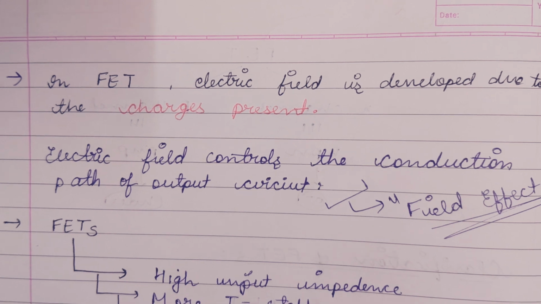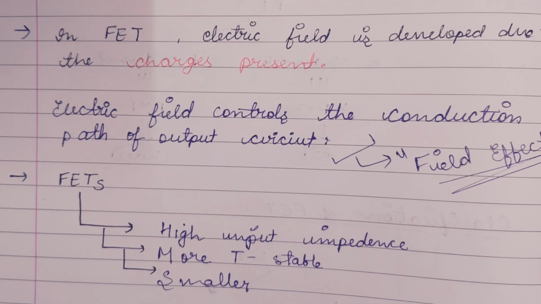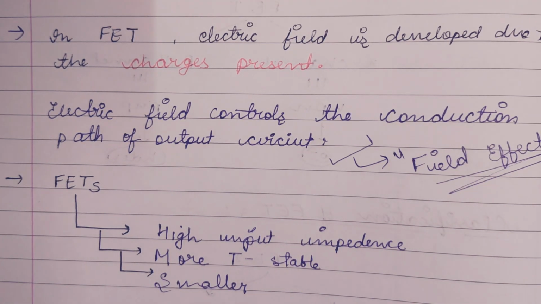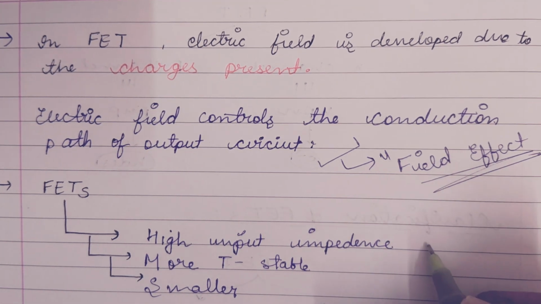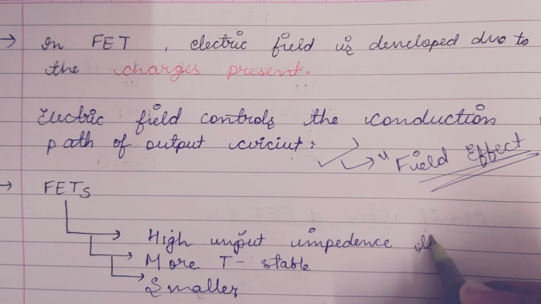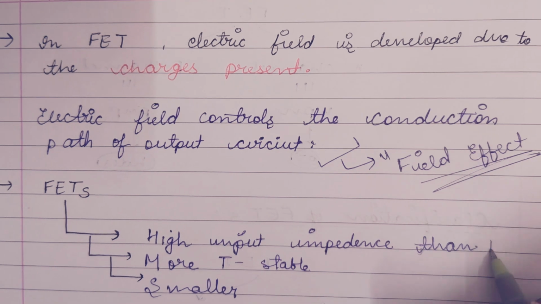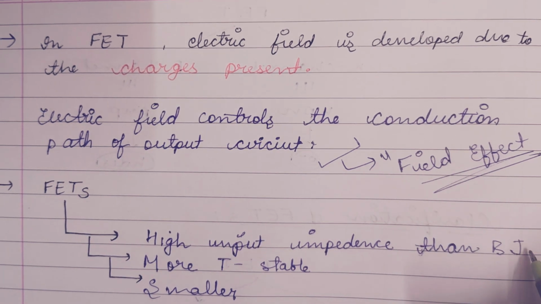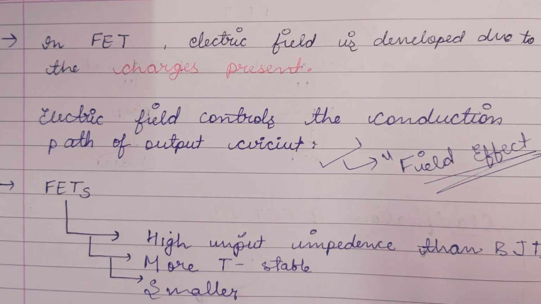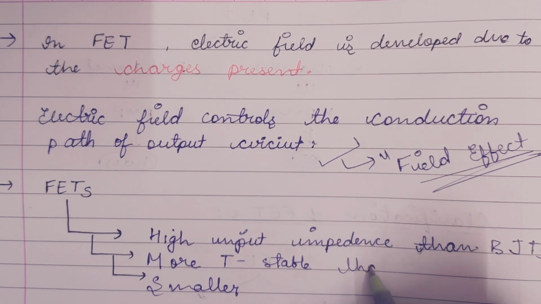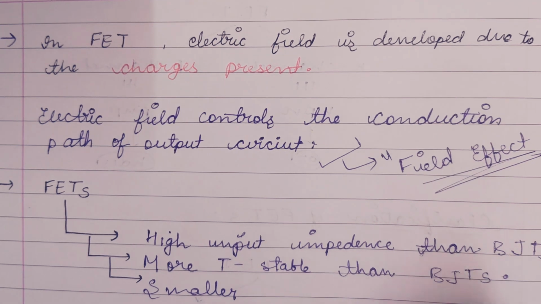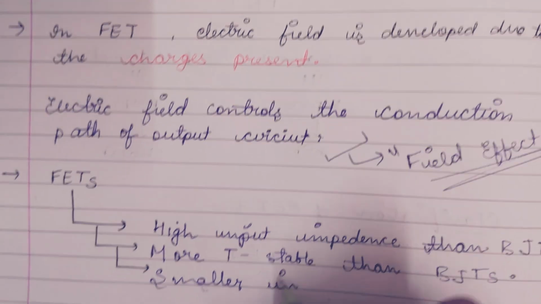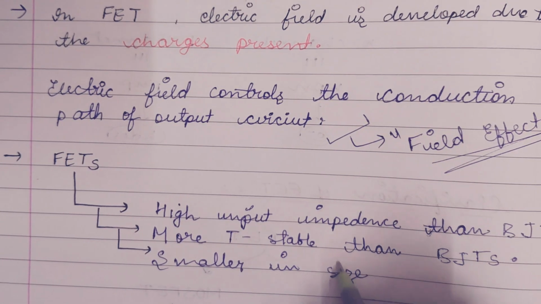And for the last, there are some points about field effect transistors. Field effect transistors have high input impedance in comparison to BJTs, or bipolar junction transistors. They are more temperature stable than bipolar junction transistors, and smaller in size.